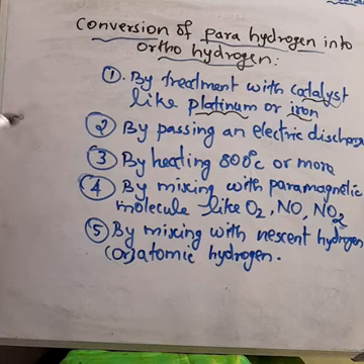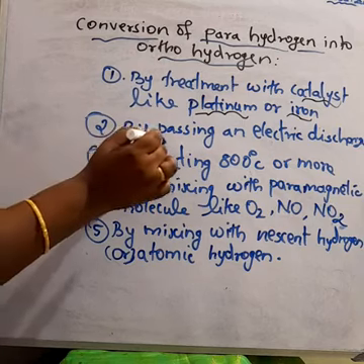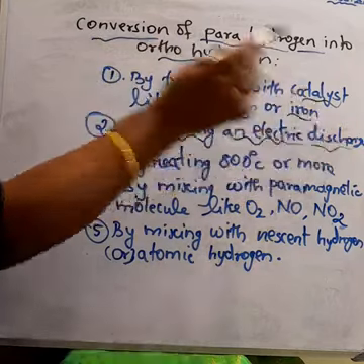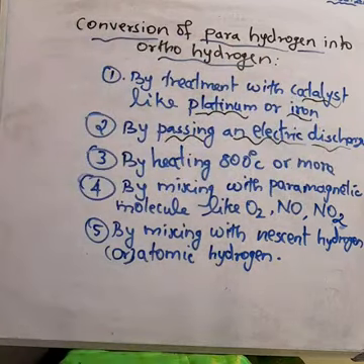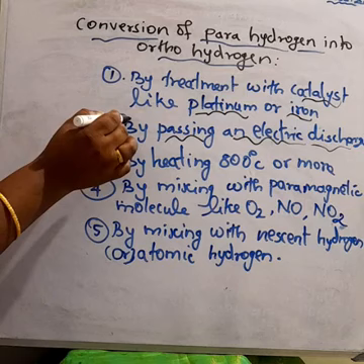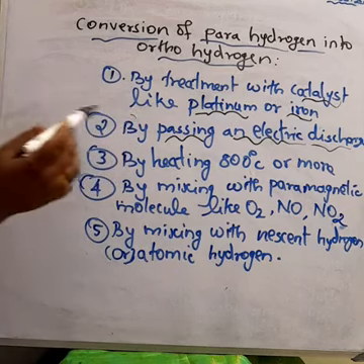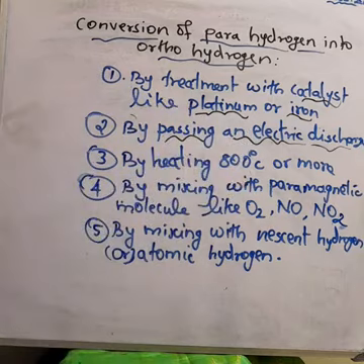And secondly, by passing an electric discharge. Already I told you, when the temperature is changed, the para form can be converted to the ortho form. So when we apply an electrical discharge, we can convert the para form into the ortho form.